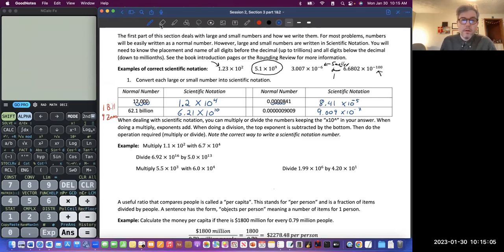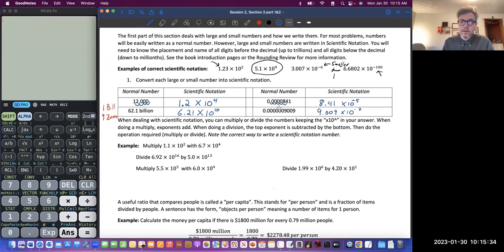For that one, I am moving the decimal place to the right 5 times. 1, 2, 3, 4, 5 to show that I'm moving the decimal place to the right. This is negative 5. So if a number is less than 1, if it's between 0 and 1, we're going to have a negative exponent.